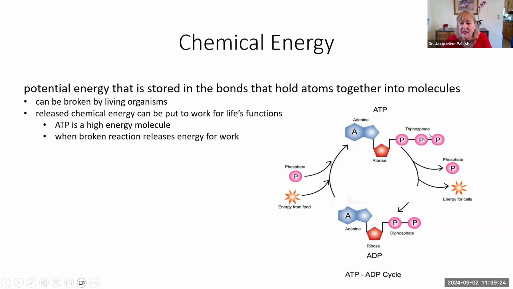Normally we are going to break the bond between the second and the third phosphate, so that you're releasing an inorganic phosphate as well as energy for the cell to do its work.